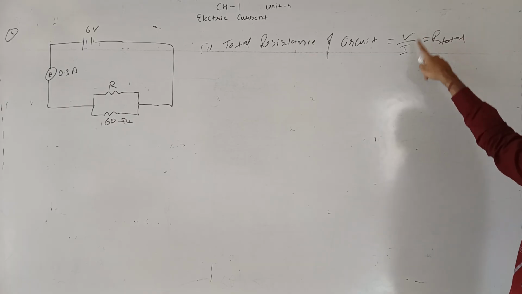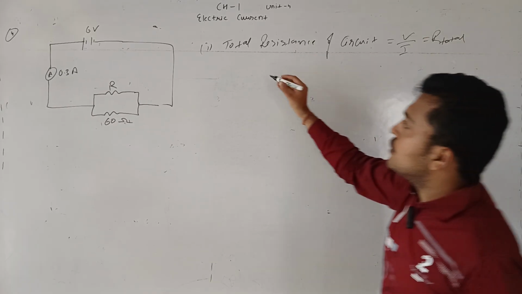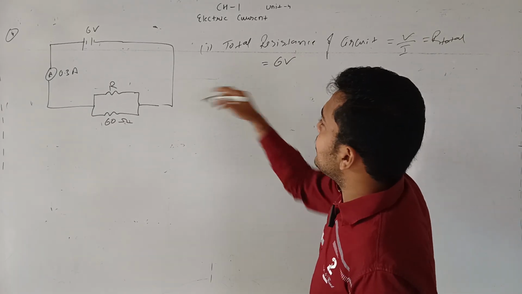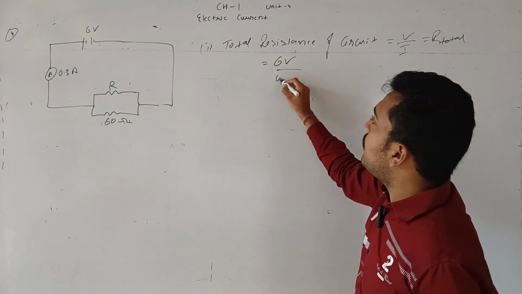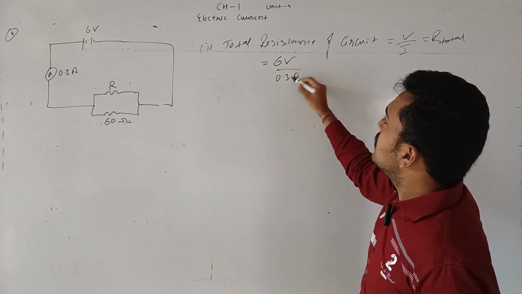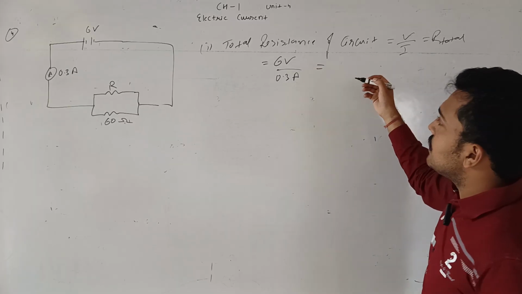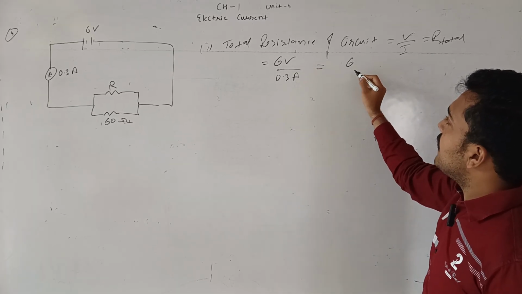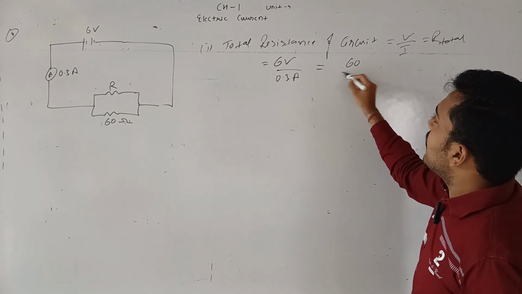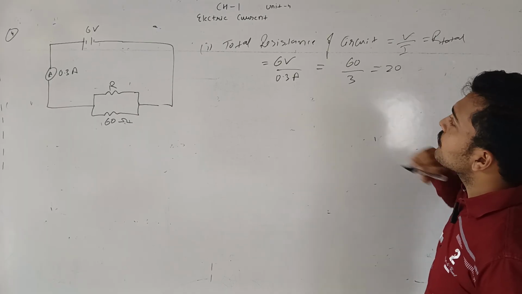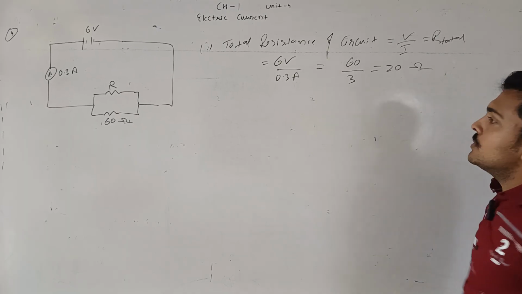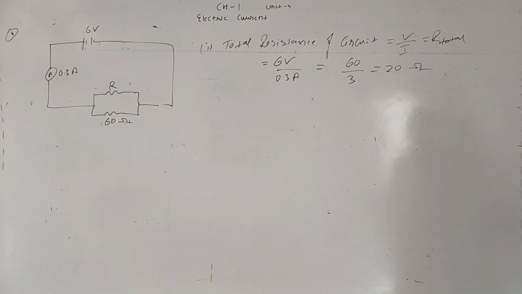Total potential is the 6 volt battery and total current is the ammeter current, 0.3 ampere. So total resistance is 6 divided by 0.3, equal to 20 ohm.